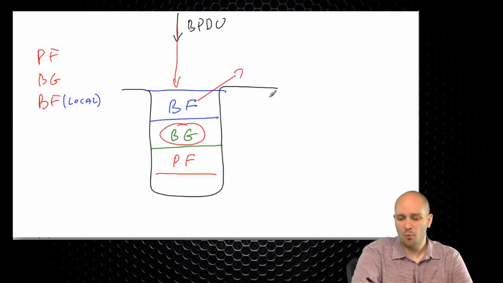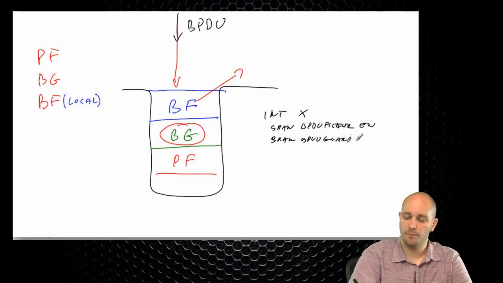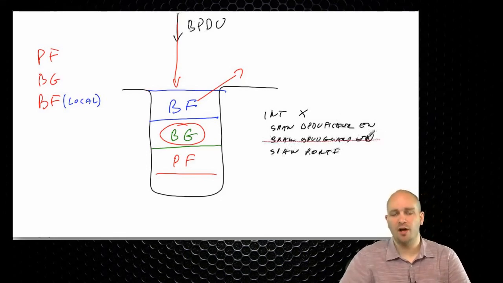and this frame will be dropped before the guard is encountered, which means that if you had a configuration like this, so interface X, spanning tree BPDU filter enable, and spanning tree BPDU guard enable, and spanning tree Portfast, this here is completely meaningless, because you will never ever hit the guard in this case, because BPDU filter will get rid of this traffic before it is actually seen by the guard.